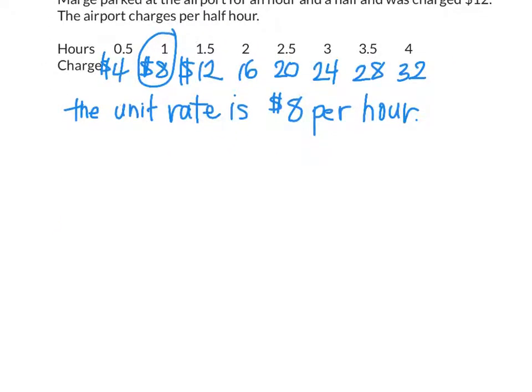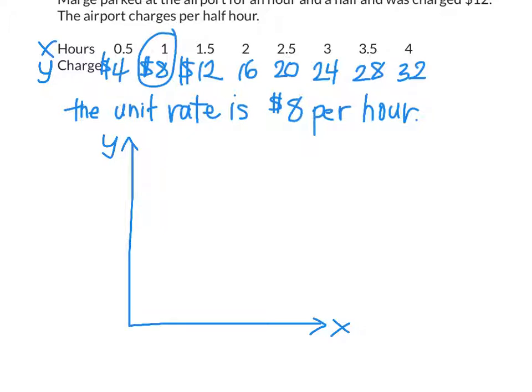So I'm just going to sketch a graph. And we know that in our table the top one is the x and the bottom one is the y. So in our graph the horizontal is the x and the vertical is the y.